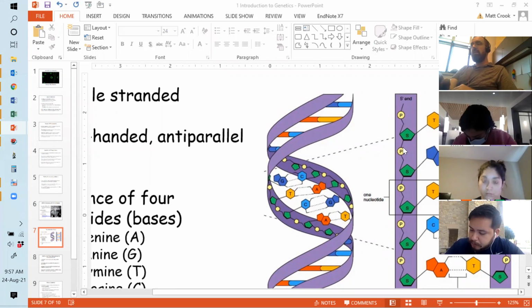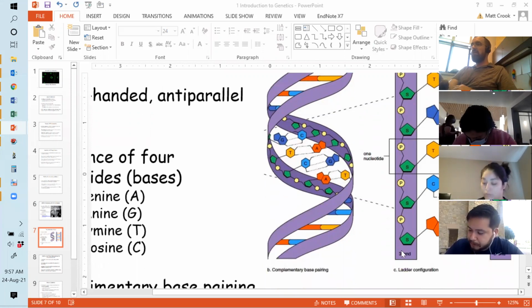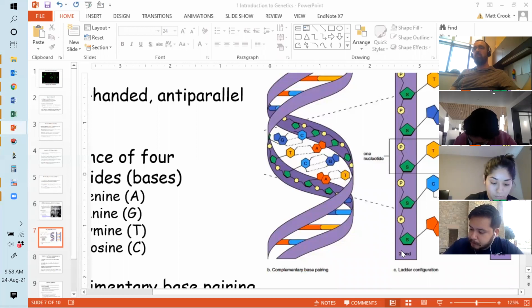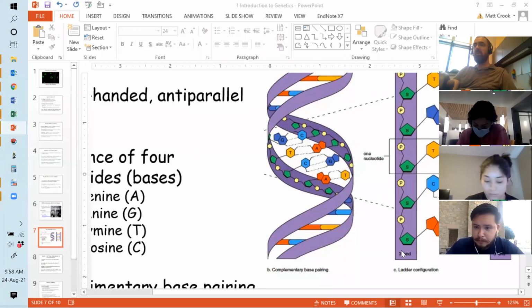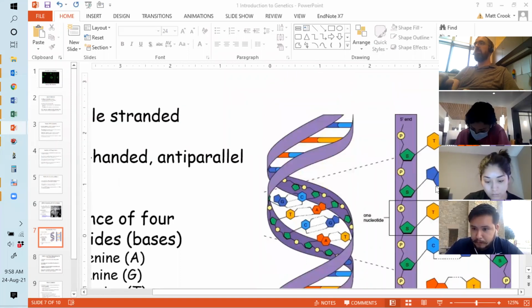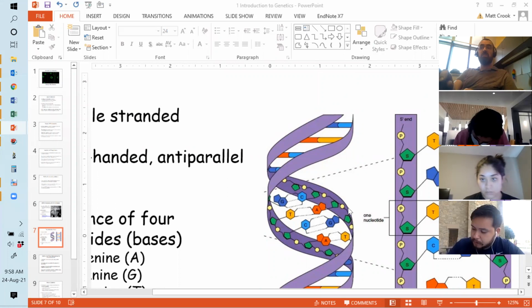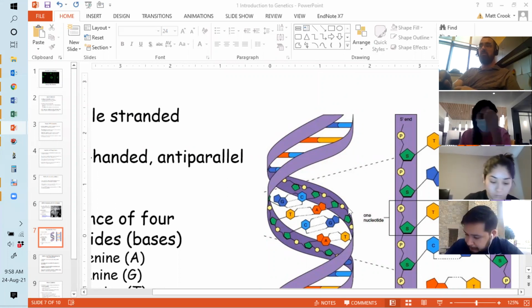And down here you have a 3' end, right? So DNA has direction. It's not like a polysaccharide or something like that, where you can't tell one end from the other. But if you look at the other strand, it is the opposite. So the bottom is the 5' end, and at the top is the 3' end. This is really important for DNA replication and for transcription.